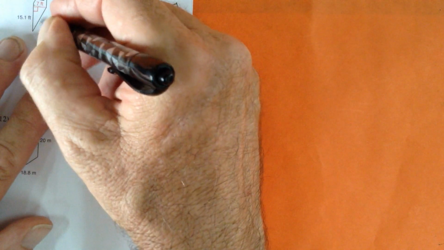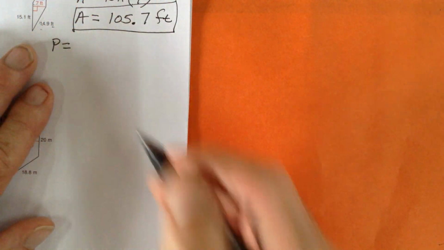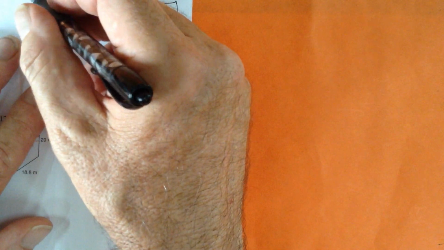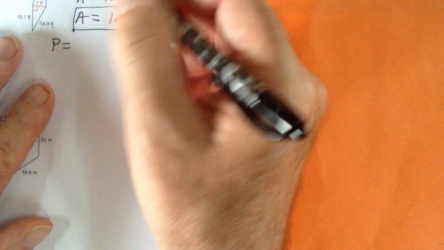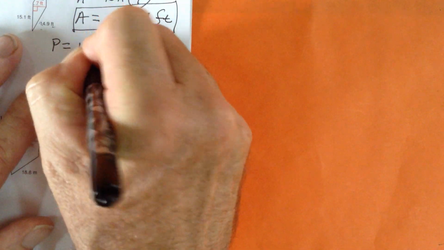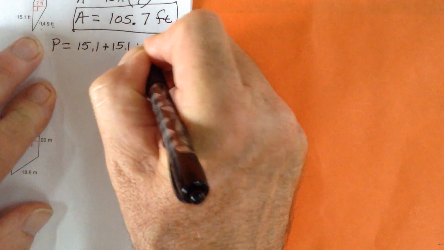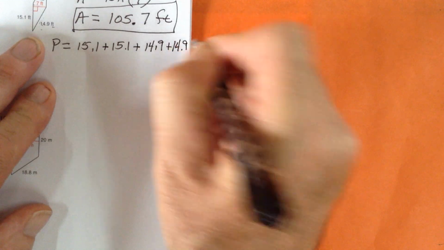Now this one, they give me the sides, so I can find the perimeter on this one. So I go 14.9 plus 15.1 plus 14.9 plus 15.1. You add them up, or like this: 15.1 plus 15.1 plus 14.9 plus 14.9.